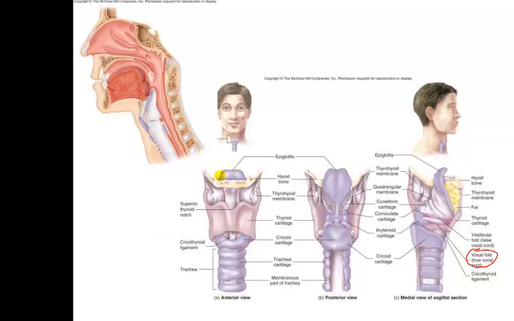So if someone starts choking and they get food caught here and they can't get it out, you need to create an artificial way for air to get in. Grab yourself the nearest big pen, feel for this little notch, put the tip on it and pop, create a hole.